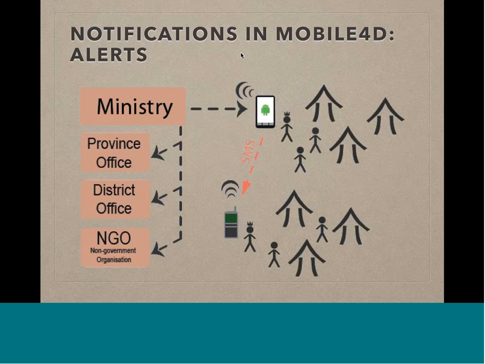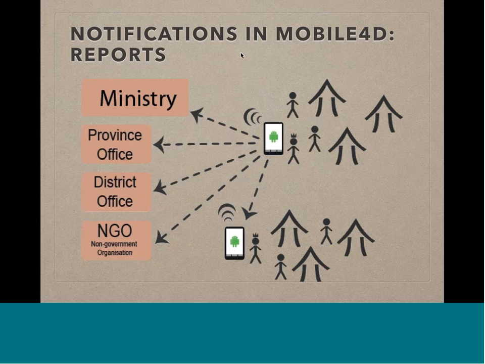The other direction is from the local level to the administration. And here you see you have smartphones in 2 villages, and in one village, they're sending out an alert. This goes through all the administrative layers that are in charge to the NGO that might be in charge. And the report can also go to another village in your neighborhood that can also be affected.